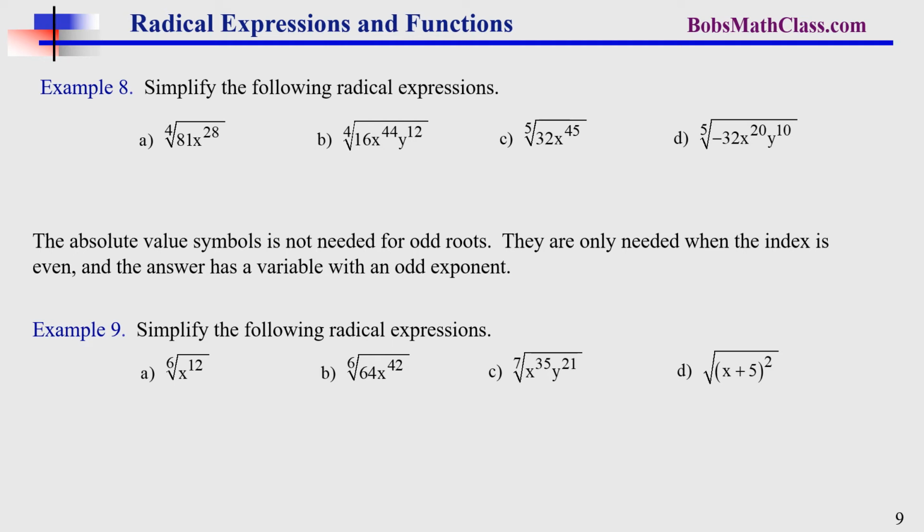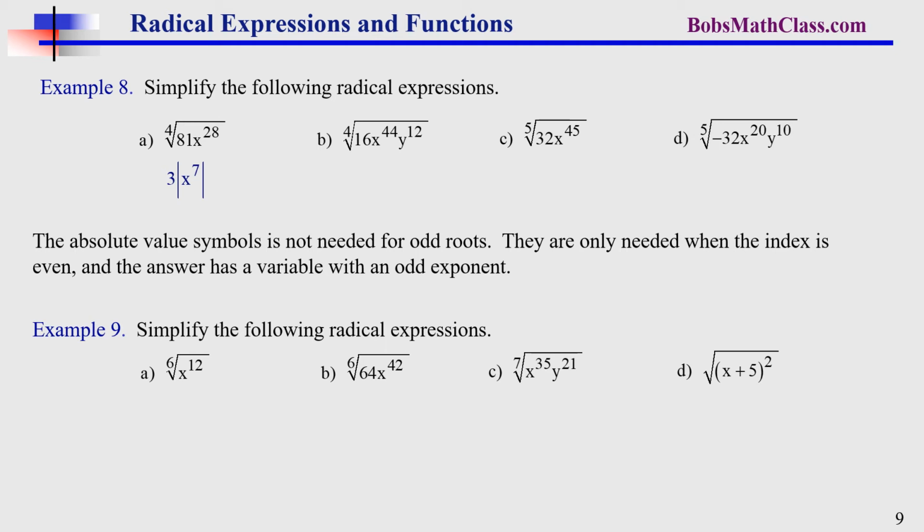Okay, some more examples. Part A, the fourth root of 81. What raised to the fourth power is 81, or what multiplied by itself 4 times is 81? That would be 3. And then 4 divides evenly into 28 7 times. So 3x to the 7th, with the absolute values around the x to the 7th.